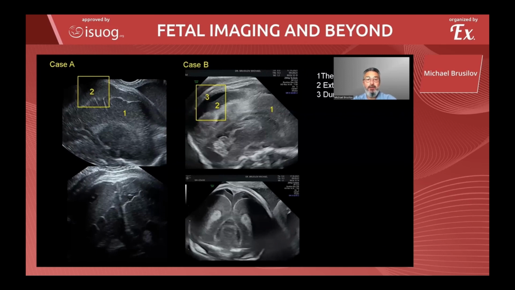We'll compare two different cases. In case number 1, we can see here blood around the brain, and in case B, it's dural detachment. It's a relatively common finding, absolutely benign.